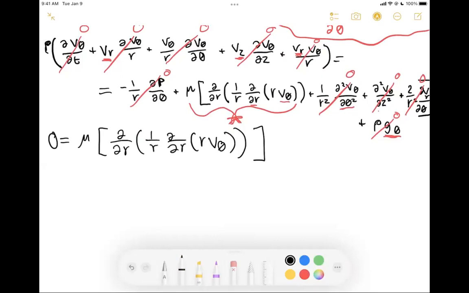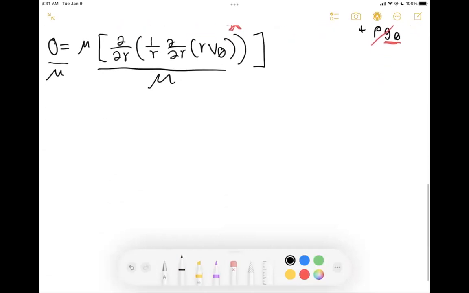Here we can just divide both sides by mu to get rid of it, and we end up with 0 is equal to d over dr, 1 over r, d over dr, r v theta.